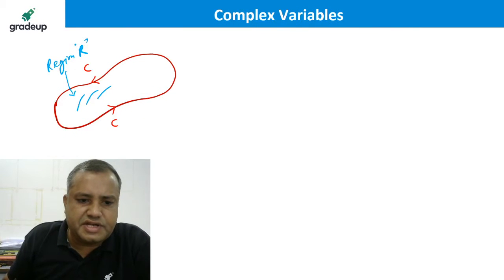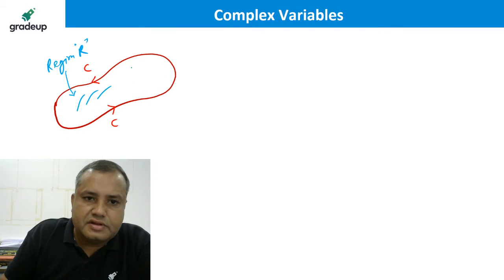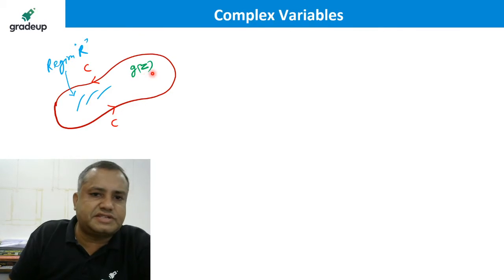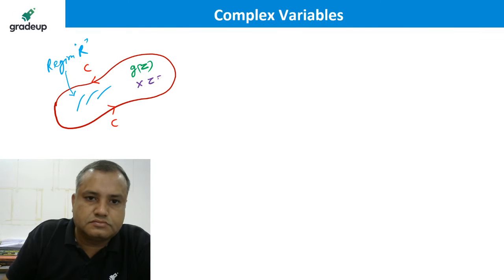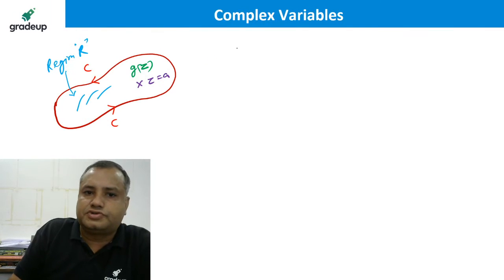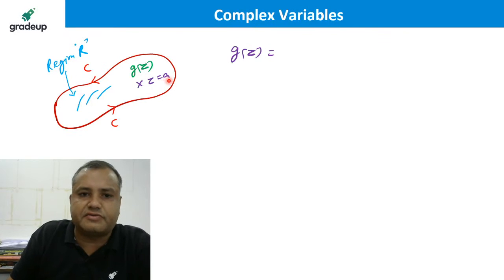Now in this region, a function is defined. Let us say that function is g of z. G of z is having a singular point at z equal to a.